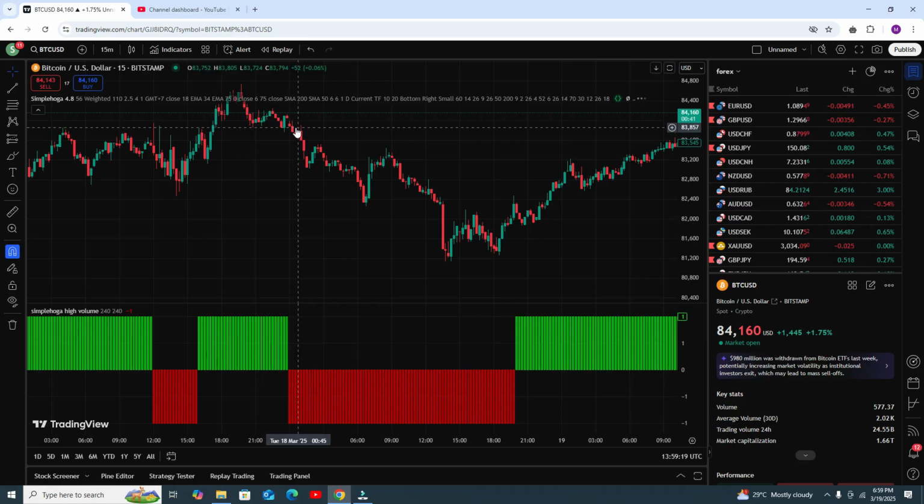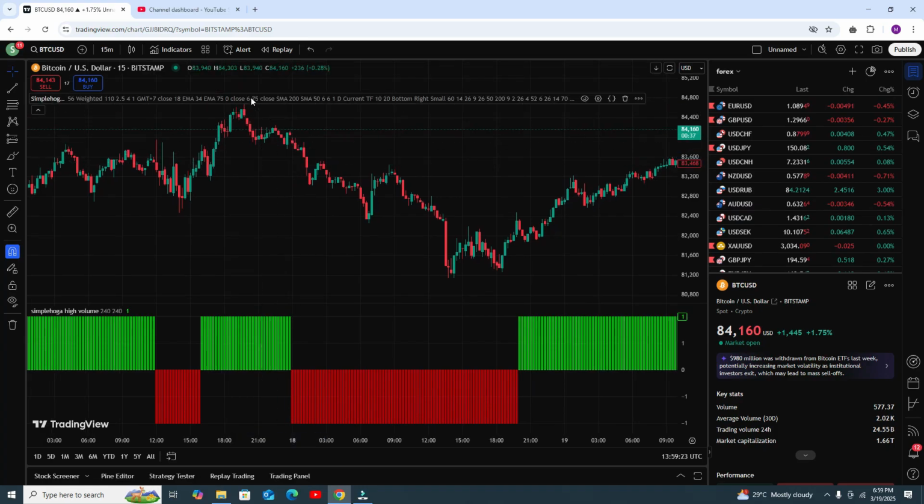Your stop loss will be the previous high point, and your target will be the lower band line.